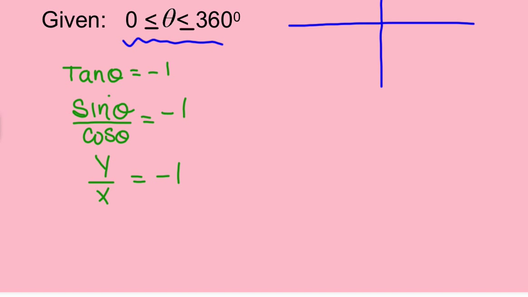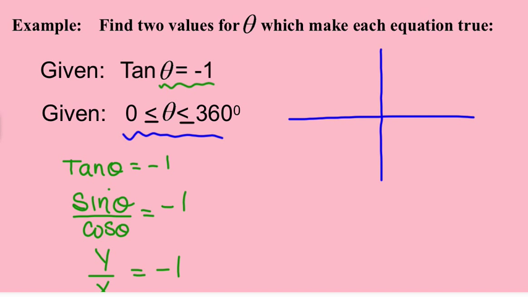So we look at our unit circle, we're looking for those points. When do we get a y divided by an x equaling negative 1? Well, one of the places is in the second quadrant. That ordered pair is negative square root of 2/2, positive square root of 2/2.